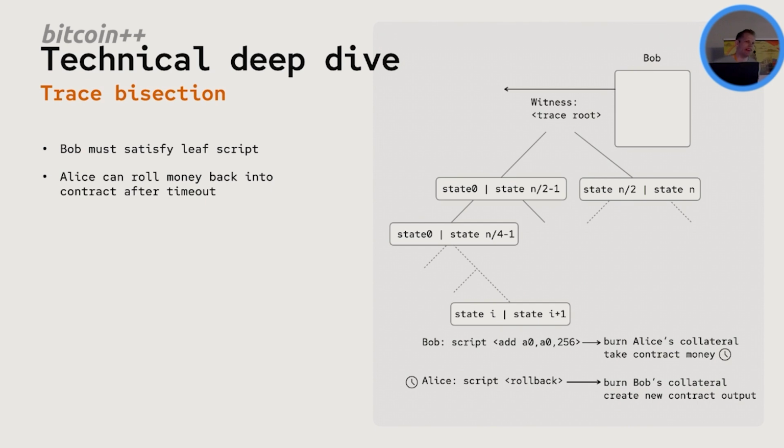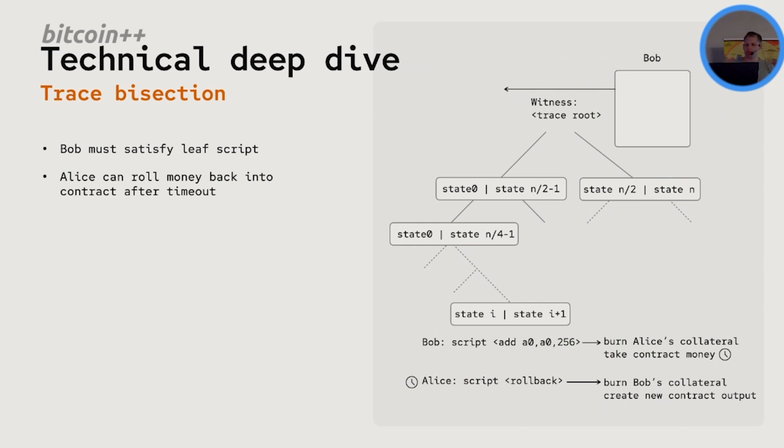Since Alice knew the initial state of the memory, and she has the input, she can run the whole thing and figure out that, at some point, the trace she gets and the one that Bob put on chain diverge. So at some point, Bob was doing something wrong.